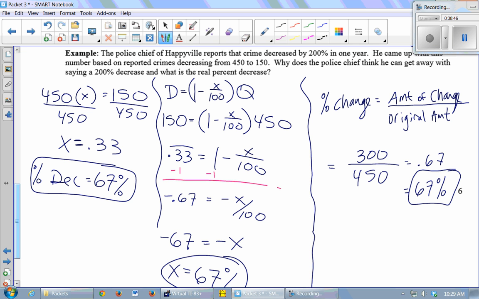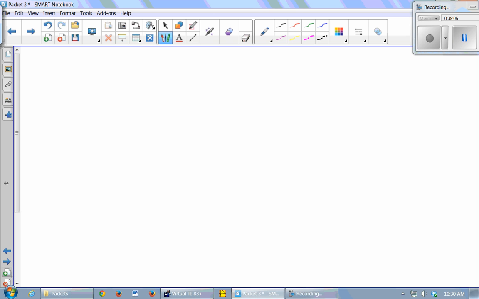Once it goes from 150 to 300, it's doubled. Every third, he's thinking every third is 100%. Right, but that doesn't make any sense.